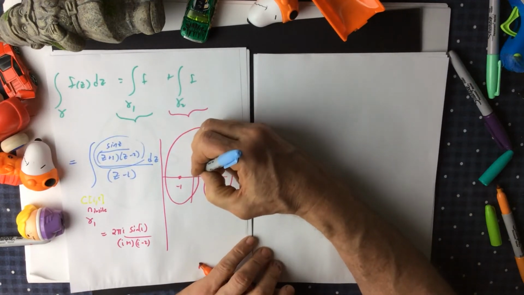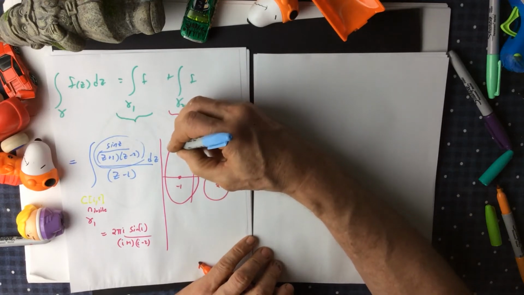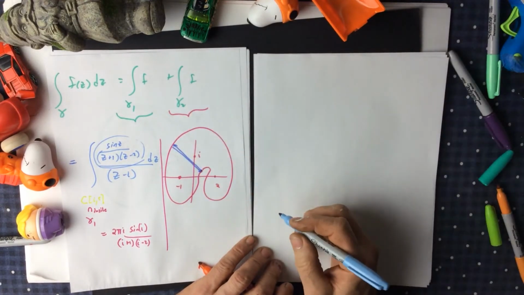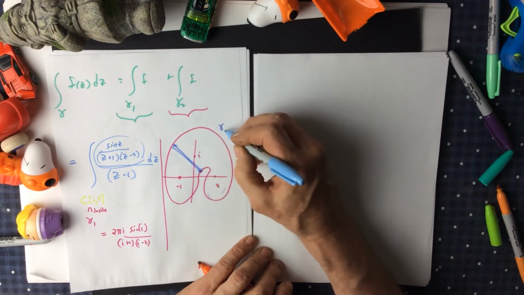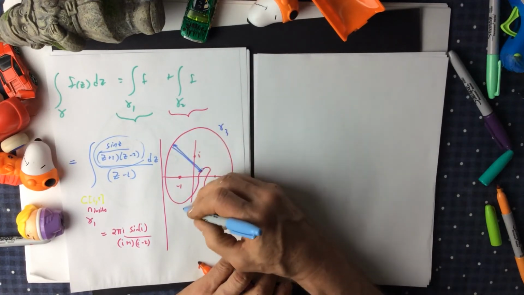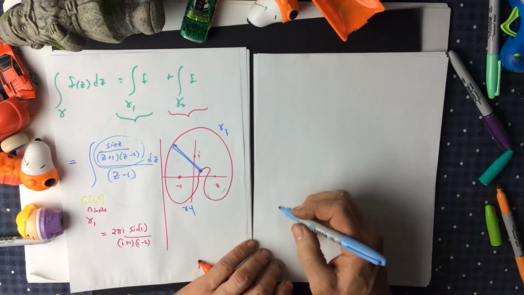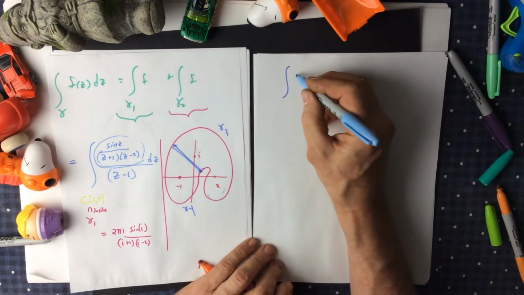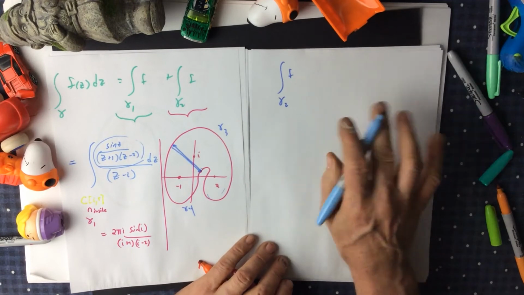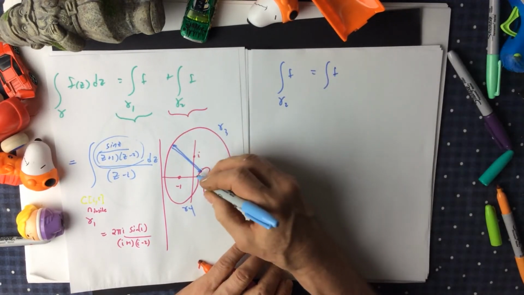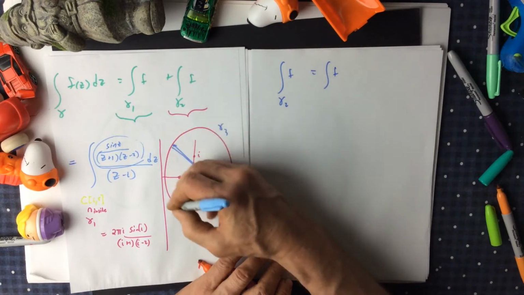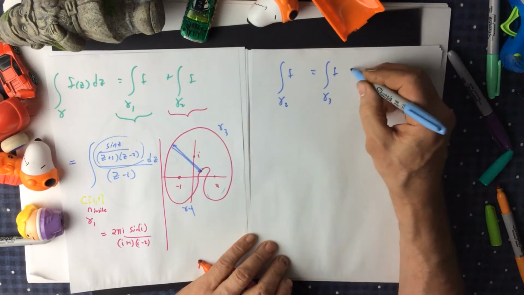First off, I'm going to start at this point, and I'm going to go up, and come back along the same line, and I'm going to have this route, called gamma 3, and this route, called gamma 4. So now the integral of my function over gamma 2 is going to be the same as the integral of my function over gamma 3 plus gamma 4.